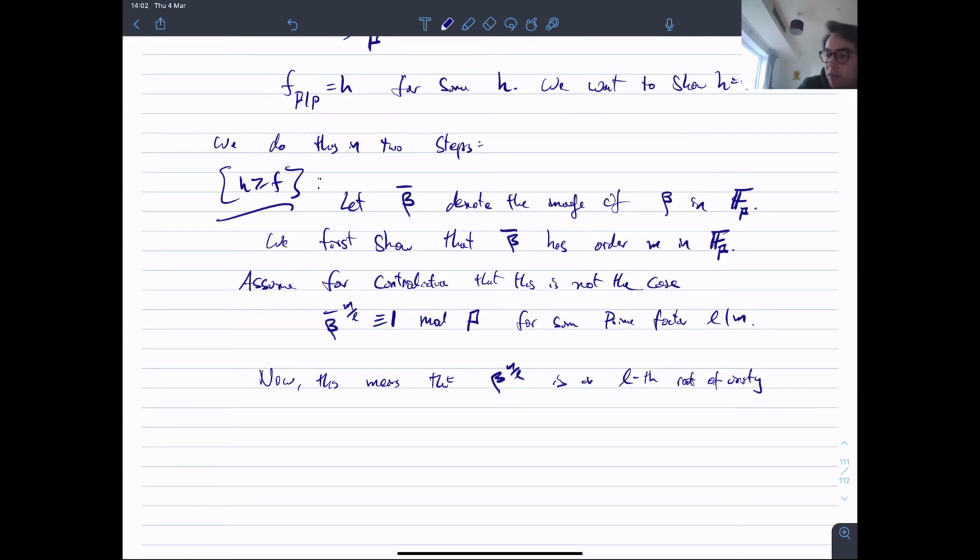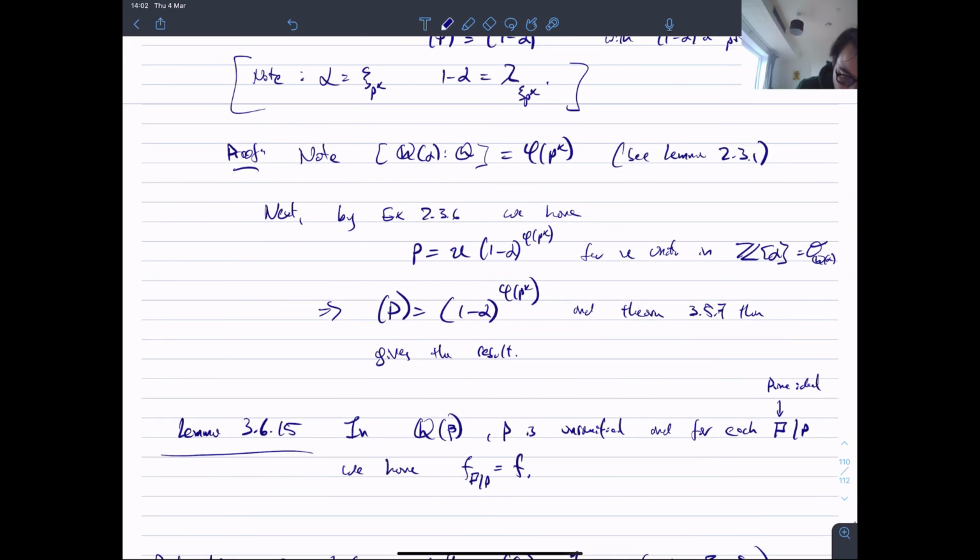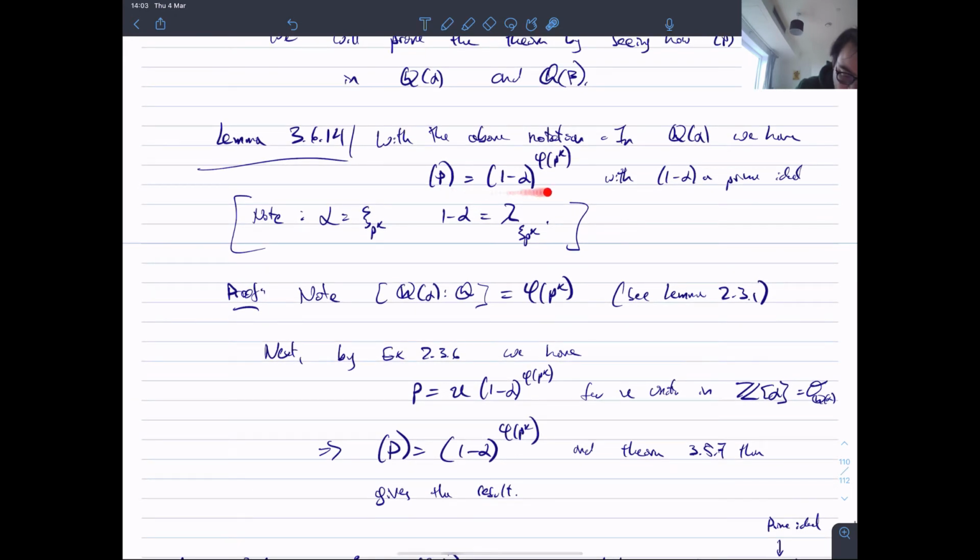By one of the previous exercises, exercise 2.3.6, one of these exercises about cyclotomic fields which I left in the notes, and this is the same exercise used above, we see that beta to the m over L minus 1 divides L. This result that I used here is analogous, it works for any cyclotomic field.